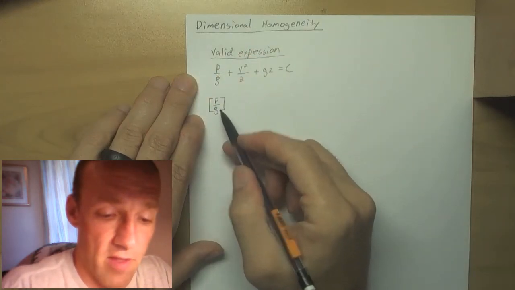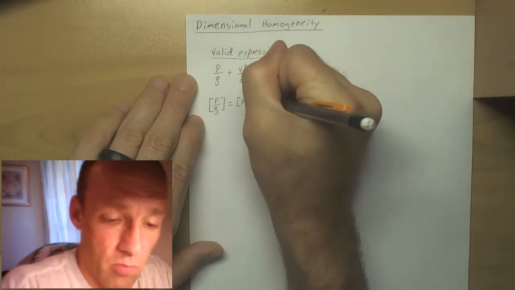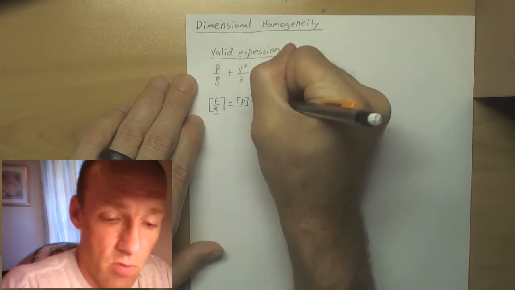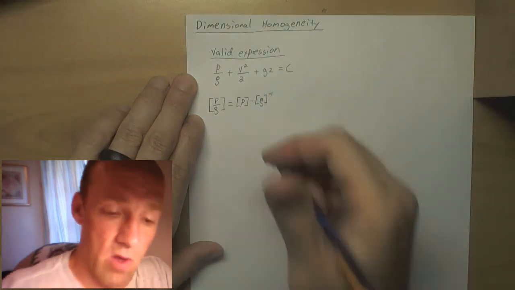All right, so I got pressure divided by density. So this is going to be equal to the units of pressure times the units of density to the -1, right?